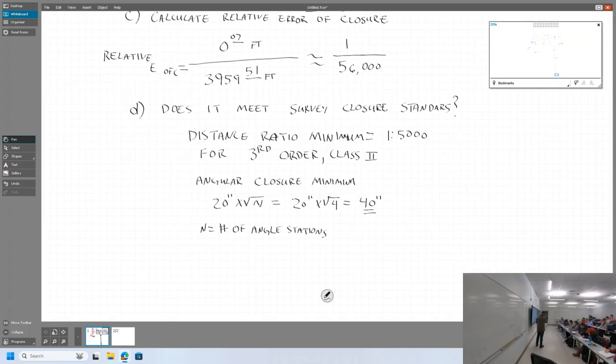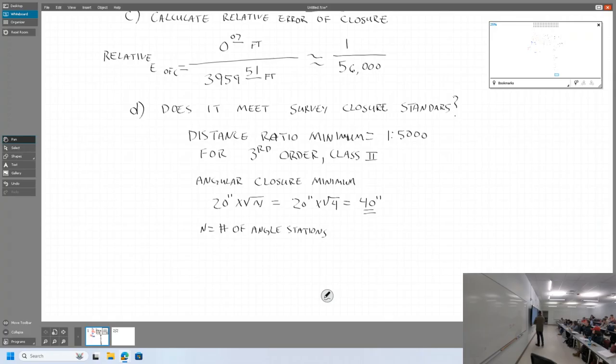Or angle closure. What did we get? Do you guys remember? Right off the bat, that was like the second thing we did. When we added the whole thing up, we added to 360. What was the delta? There you go, you got 4 seconds. Pretty good.